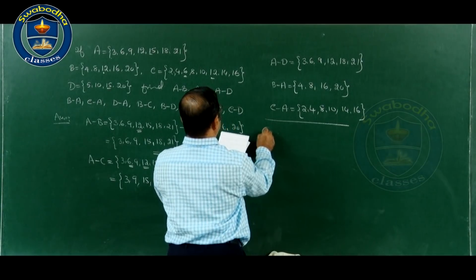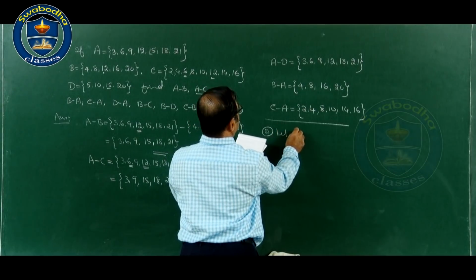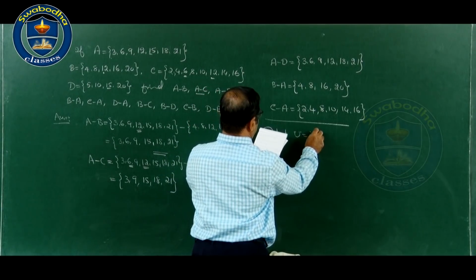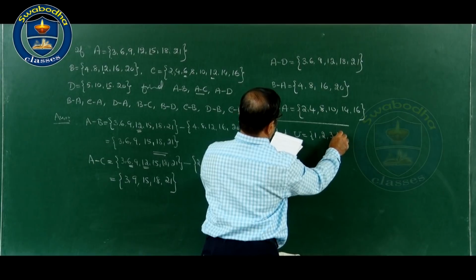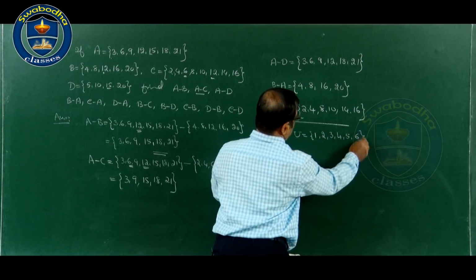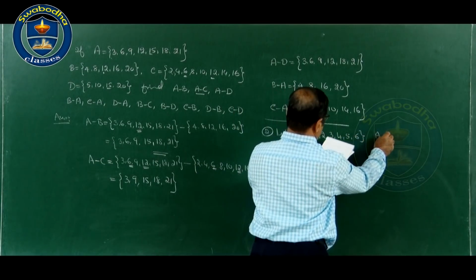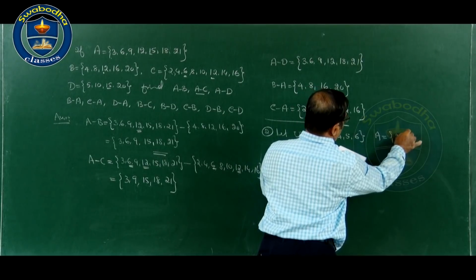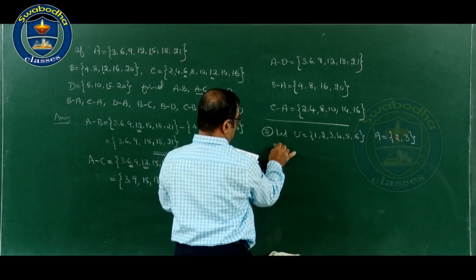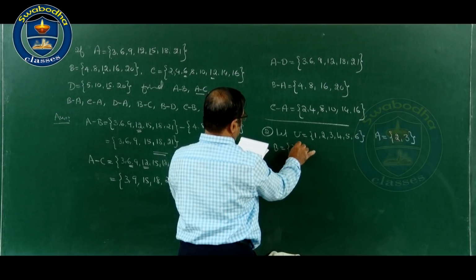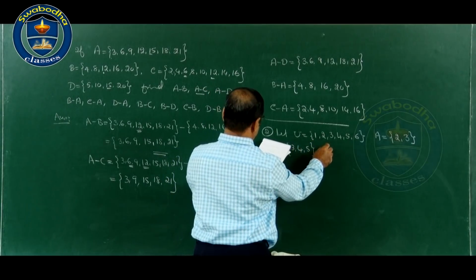Let us work on some more problems. Let U equal to 1, 2, 3, 4, 5, 6 and A equal to 2, 3. Then B is equal to 3, 4, 5.